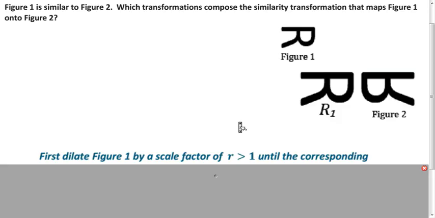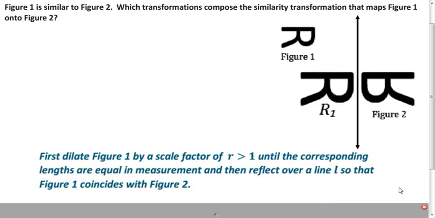And then after we enlarged it, we would have to reflect it over a line. That line would be the perpendicular bisector of any segment connecting corresponding points in these two figures. So you should have said a dilation followed by a reflection. You could have given a few more details.